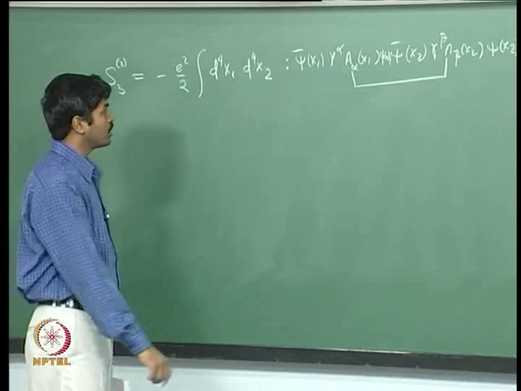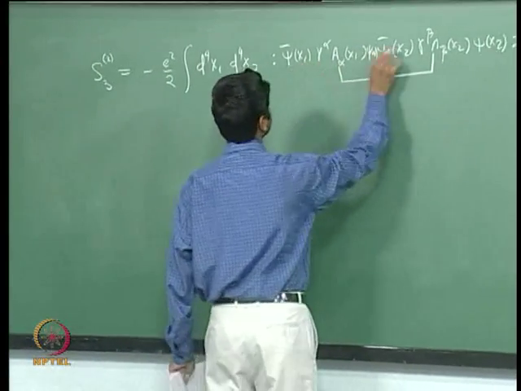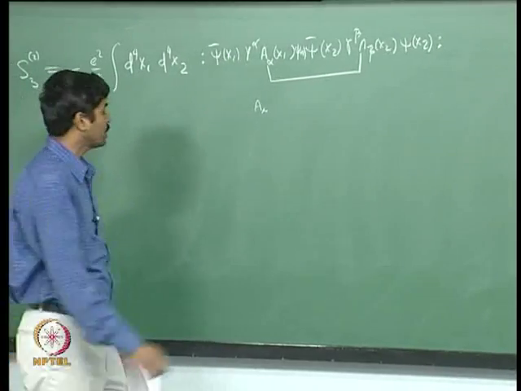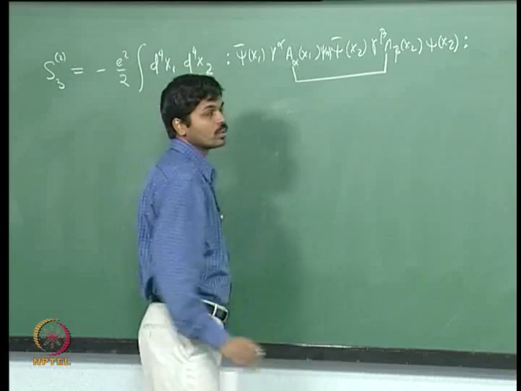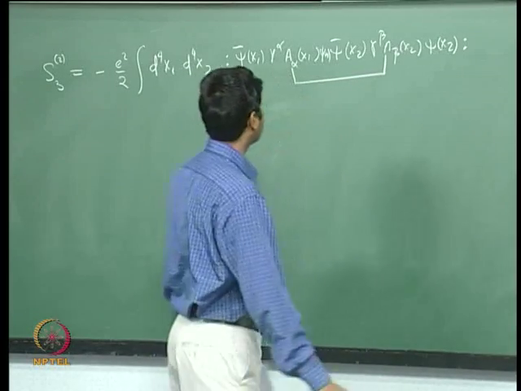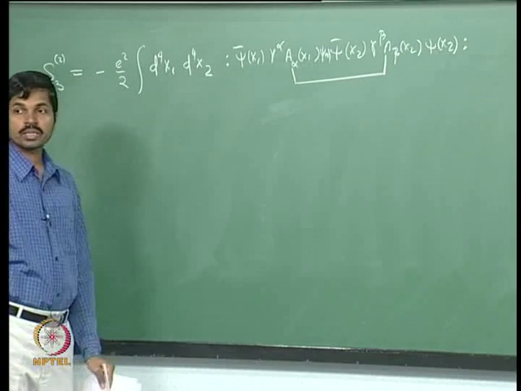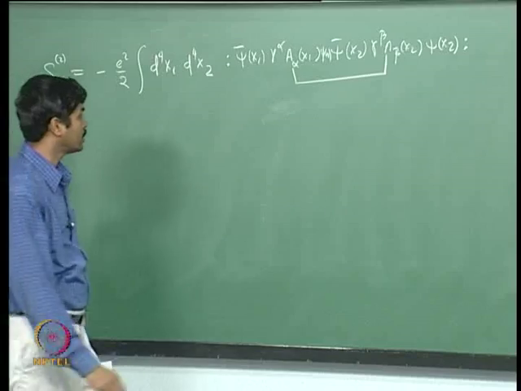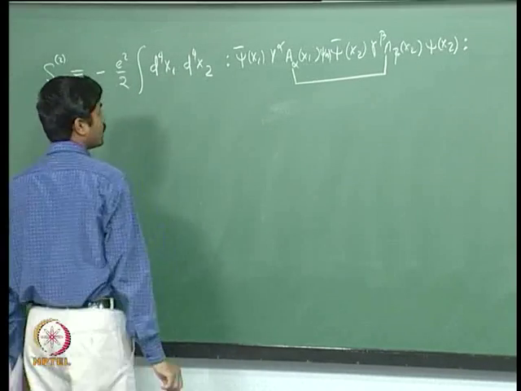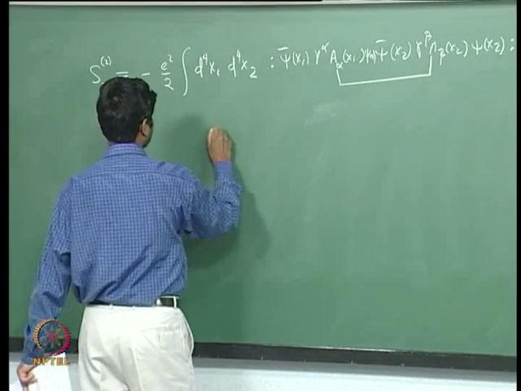So, there is a photon propagator, and hence there are no free A mu fields inside the normal ordering. Therefore, this represents that there is no incoming photon or outgoing photon at all. There are only incoming electrons and positrons and outgoing electrons and positrons possible. So therefore, there are these physical processes for which this will give non-zero contribution.